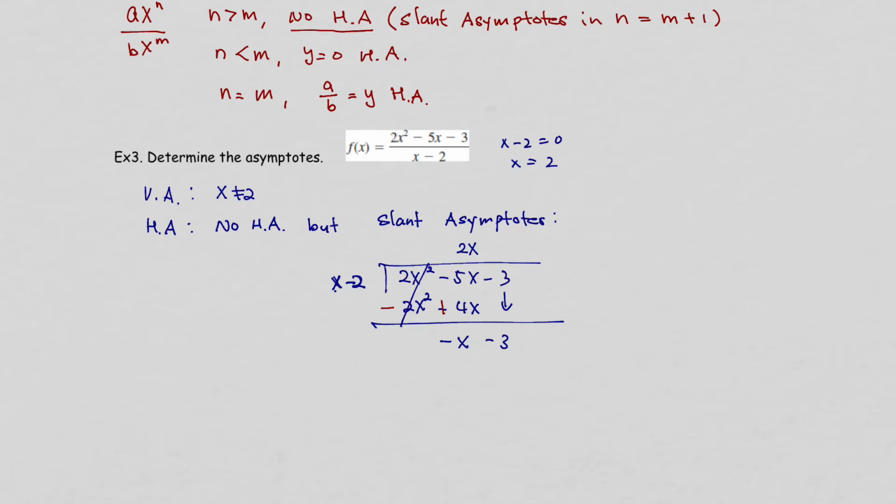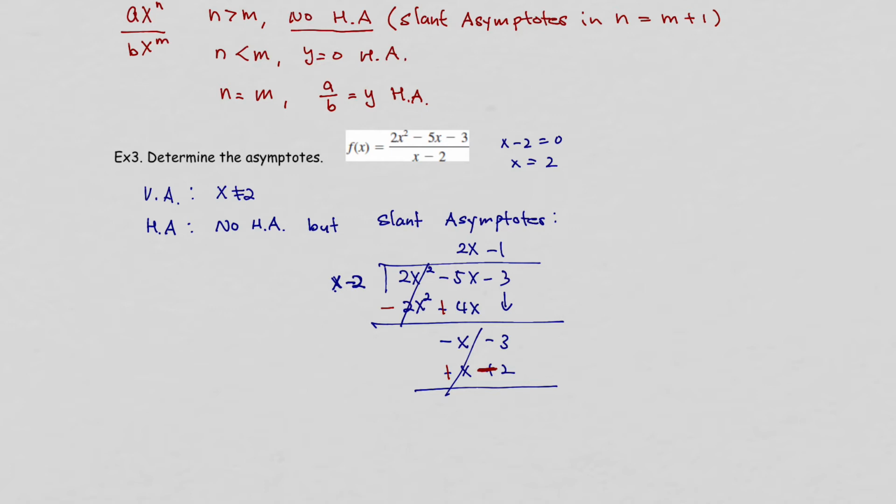To turn x into negative x, you're going to multiply by negative 1. When you multiply that to x minus 2, you get negative x plus 2. Now you're going to subtract, so this will change to plus x and negative 2. So that will cancel out.